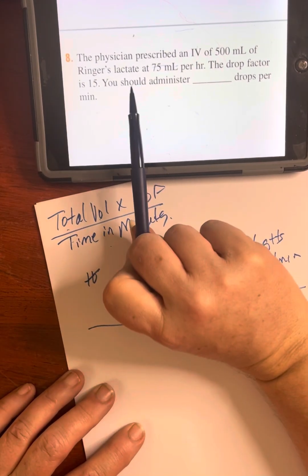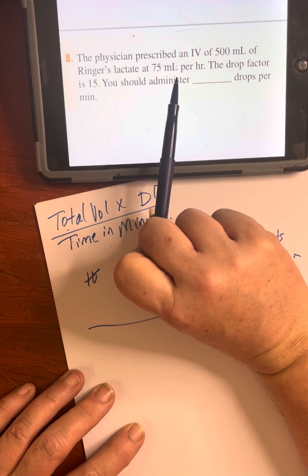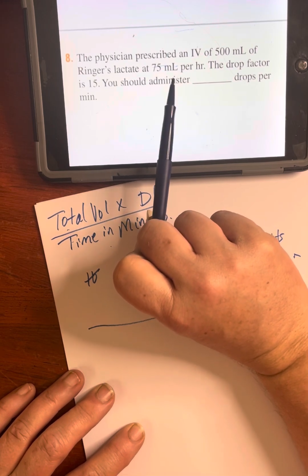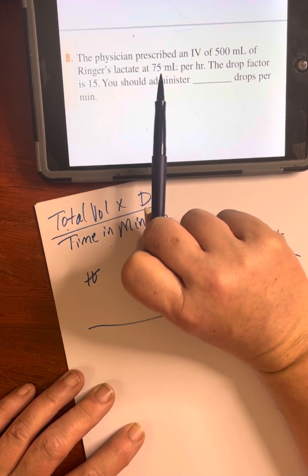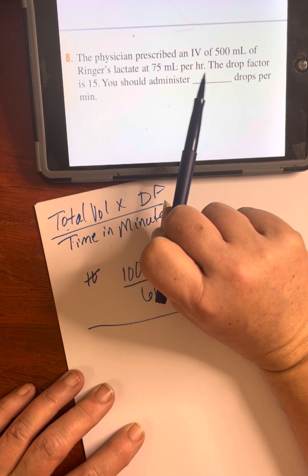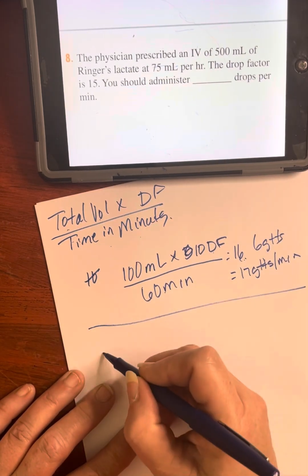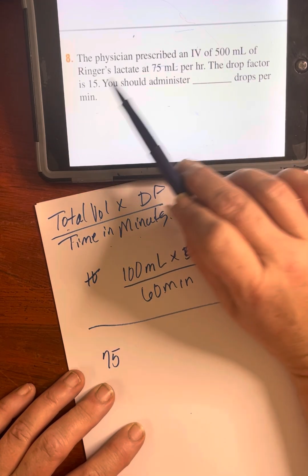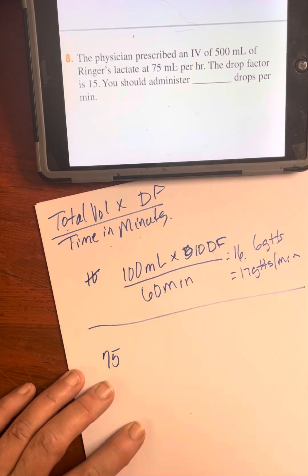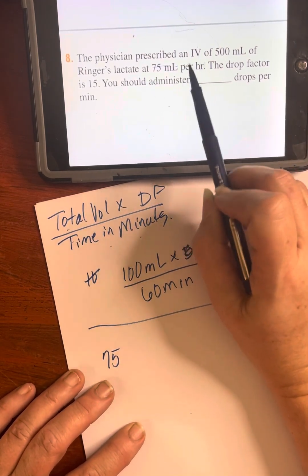However, they did give you that it should run 75 milliliters per hour, so this is what we can use for our total volume and our time in minutes. We could figure out the total hours, but why figure it when we could use this right here?